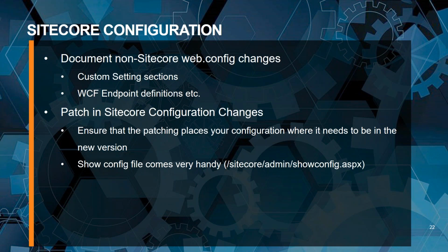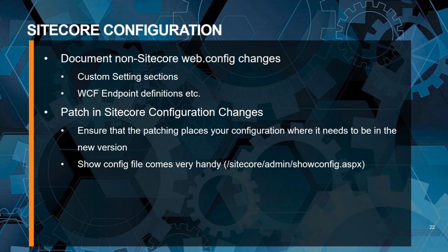Same thing with the Sitecore configuration files. If you are following the best practices suggested by Sitecore, having a project-specific configuration file and applying all the patches to it instead of updating the Sitecore configuration file directly, you may not have a lot of issues. But it's always better, if you are on version 7.2 or 8, to install a base version of it and compare your production configuration files with the base install.